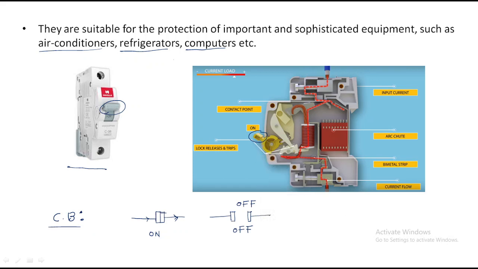What are the parts here? Look here, we will discuss one by one. This is the input current. The input current from the supply is entering from here. This is the entry part, and the input current enters here at the contact point.